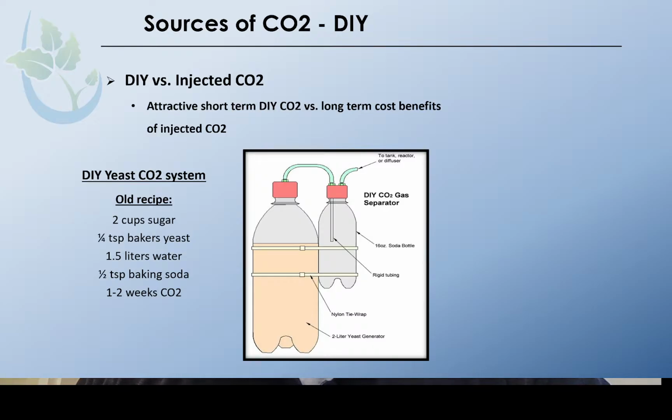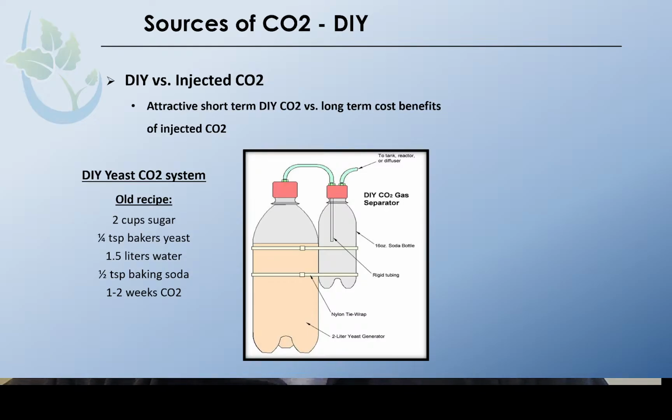It's attractive short term, but it gets expensive. It's kind of ridiculous how expensive sugar can be when you're trying to make this stuff all the time. Also, it stinks. I've had my wife complain about the smell when she comes into the kitchen. I'm dumping this stuff out, and if you tip it over, it makes a godawful mess in your tank.